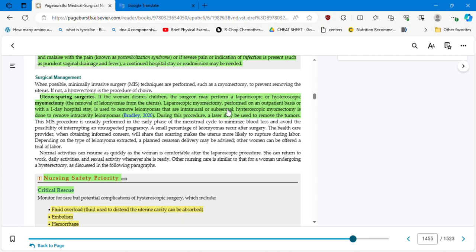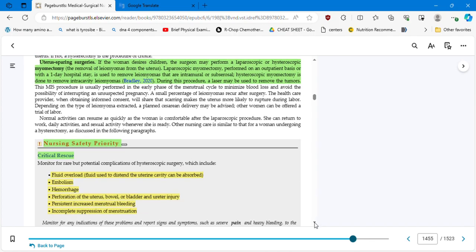Subserosal are the ones that are in the wall of the uterus, but kind of on the outside border. Hysteroscopic myomectomy is done to remove intracavity leiomyomas. During this procedure, a laser may be used to remove the tumors.